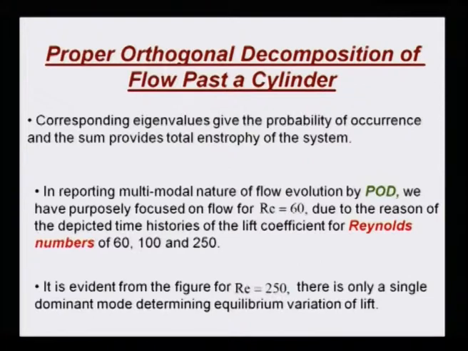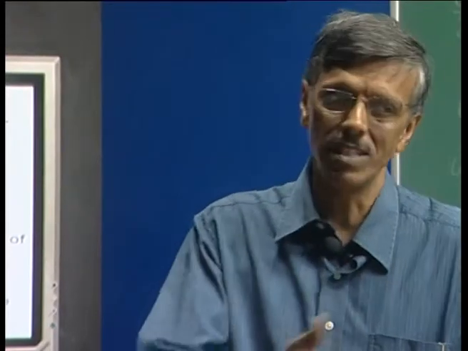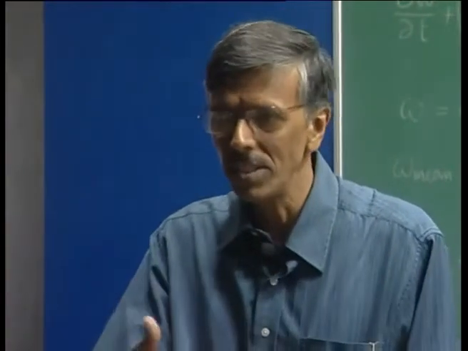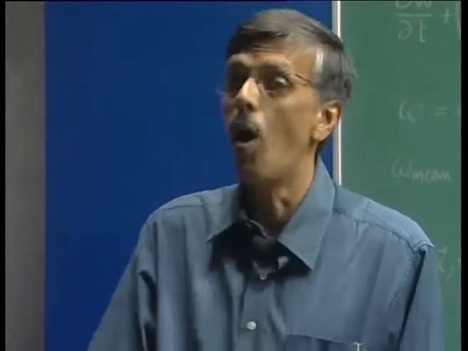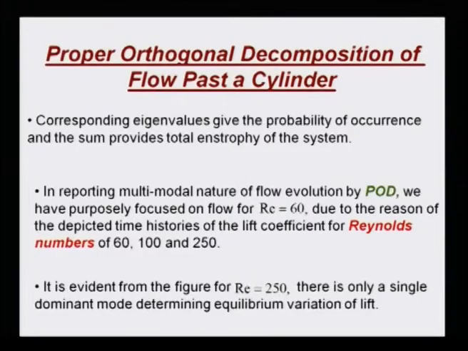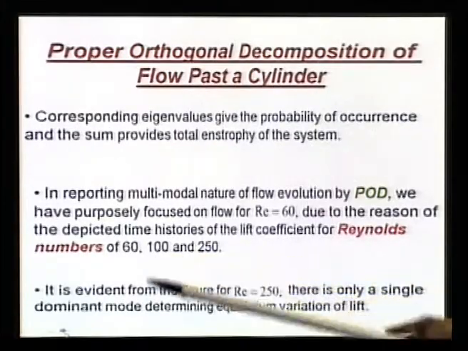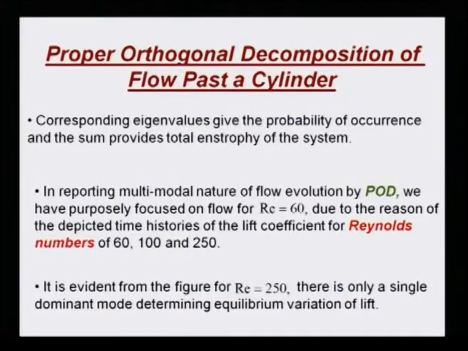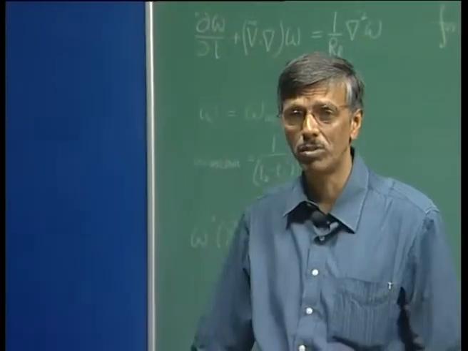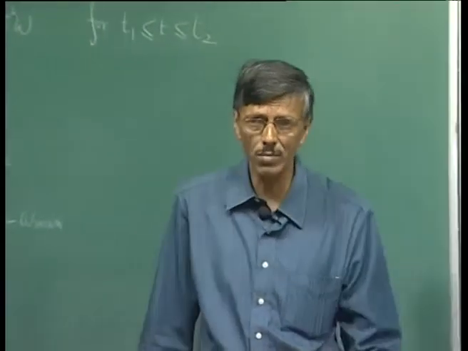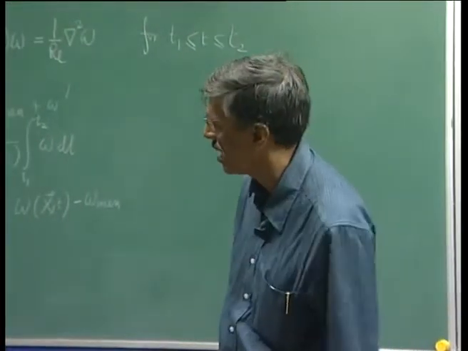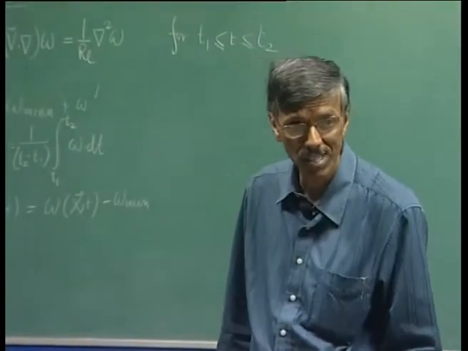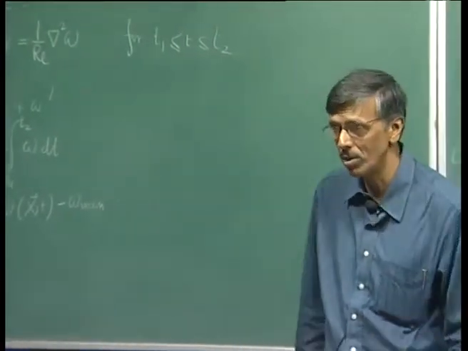Is it due to qualitatively different instabilities at different Reynolds number, and when these instabilities occur, are they still dominated by a single mode? What we saw in terms of the time history of the lift for r equal to 60, there was presence of multiple modes. So, maybe all these multiple modes are present and they selectively dominate in different ranges of Reynolds number, and the 60 Reynolds number case was very specific, where we saw a visual signature of such multimodal presence.